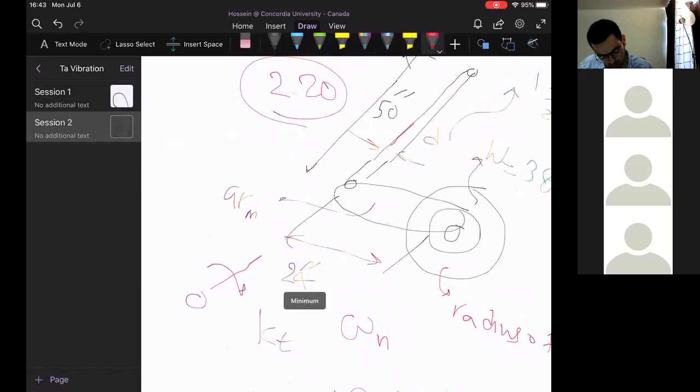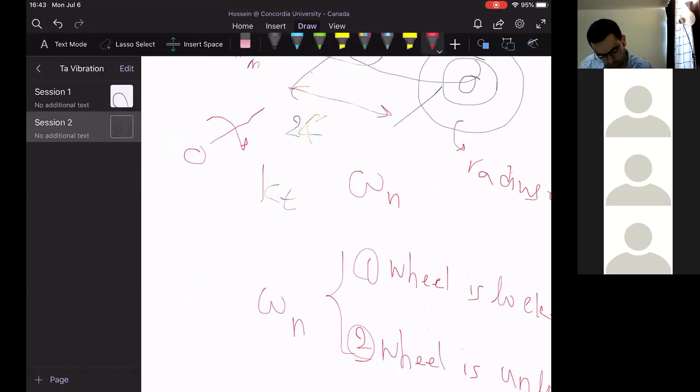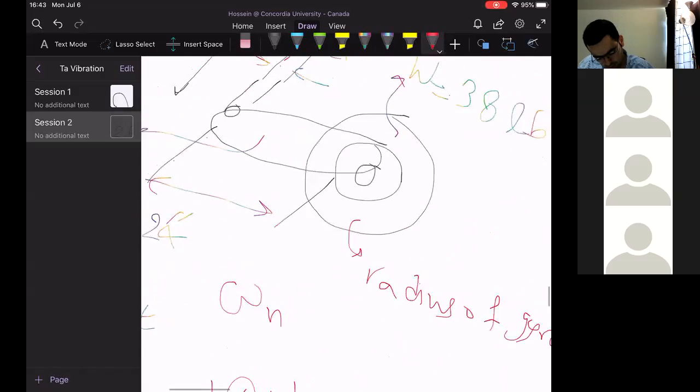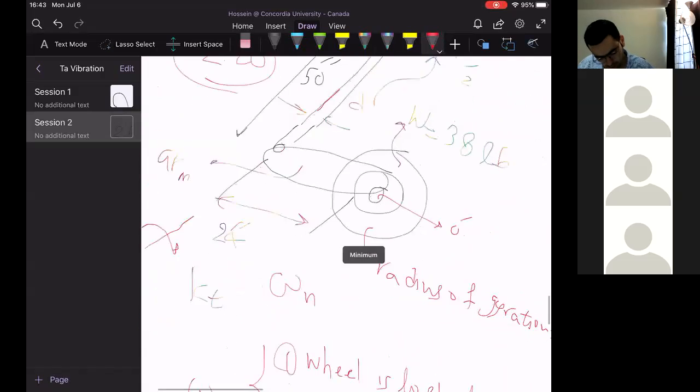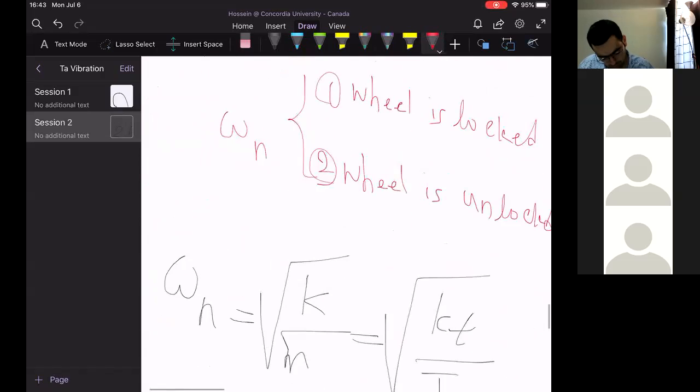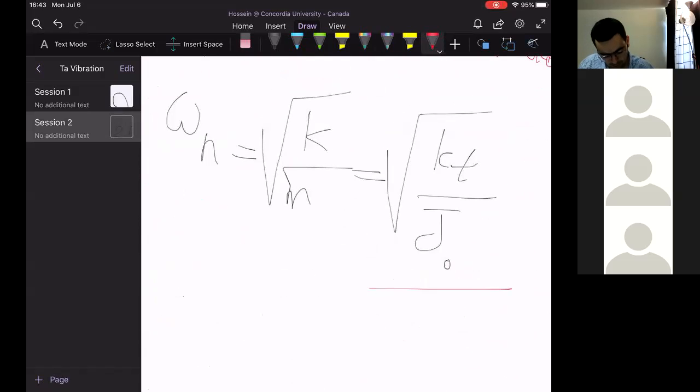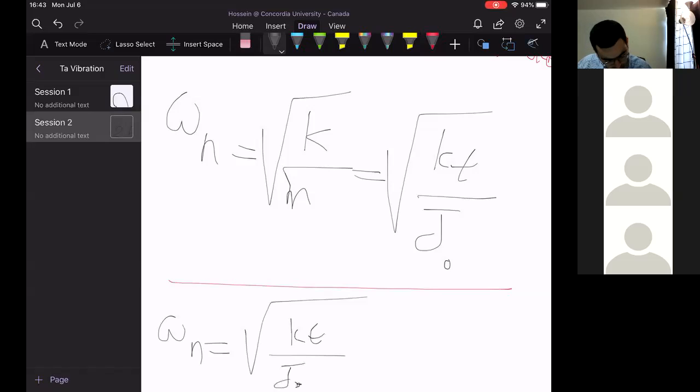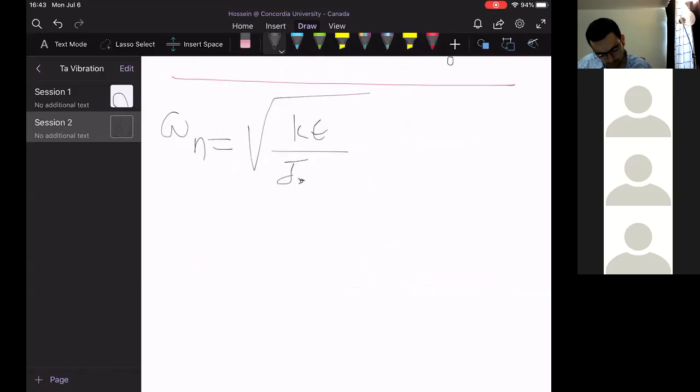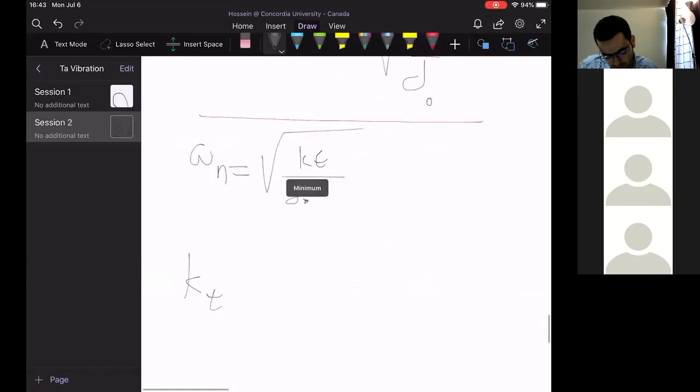Let's call it O prime, okay? So since we are facing a torsional system, we will use omega n equal to the square root of torsional spring over J naught. So the torsional spring KT is equal to, so anybody knows what is the stiffness here?